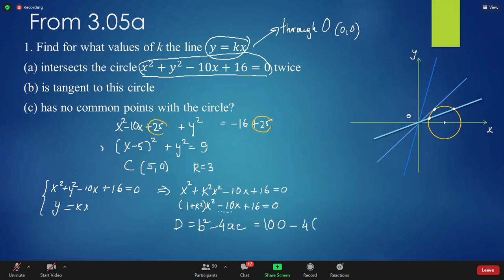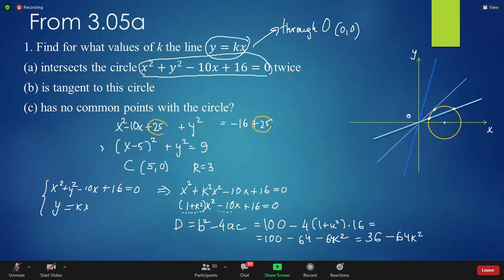This is the a coefficient, 1 plus k squared, times c. C is 16. So now to simplify, we have 100 minus 64 minus 64k squared, and that is 36 minus 64k squared. That's the discriminant.